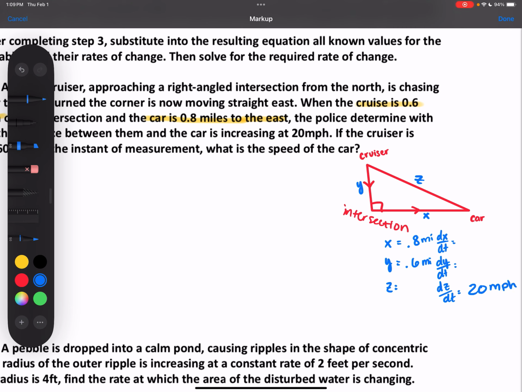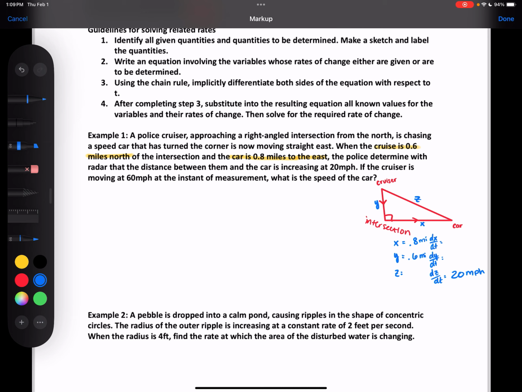That's the distance between them, so that's this value here. So as the cruiser is getting closer to the intersection, the car is getting farther away, basically. If the cruiser is moving at 60 miles per hour, so that is dy dt.